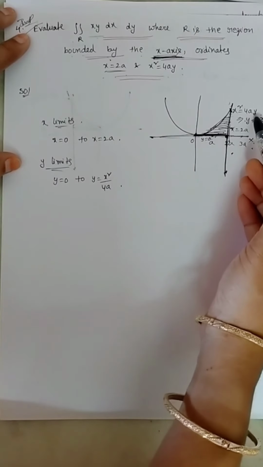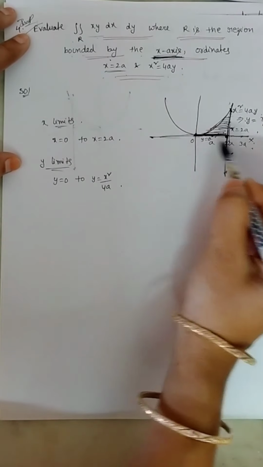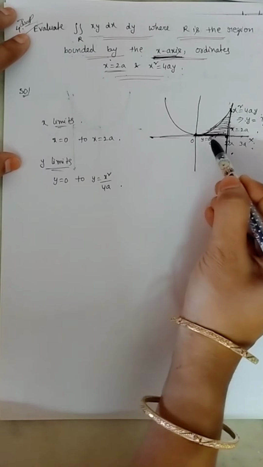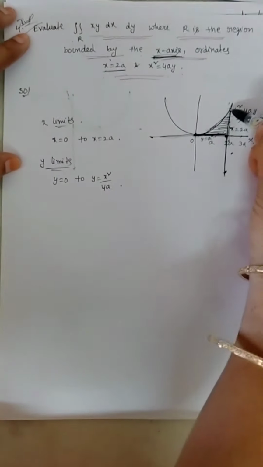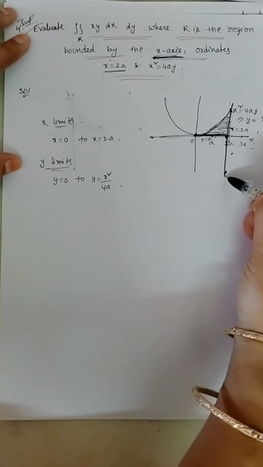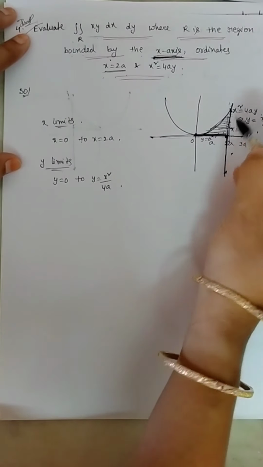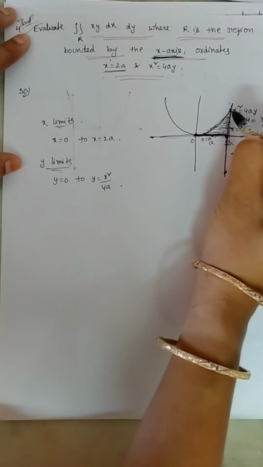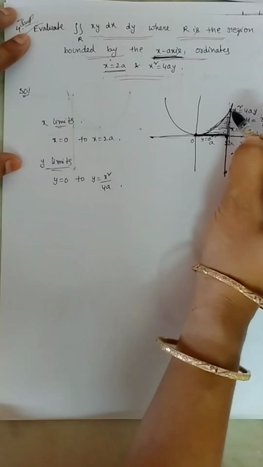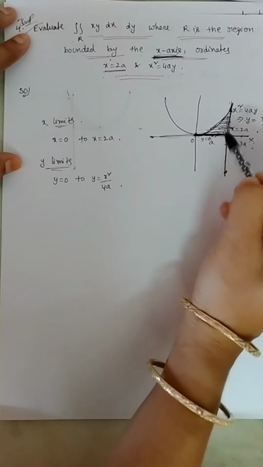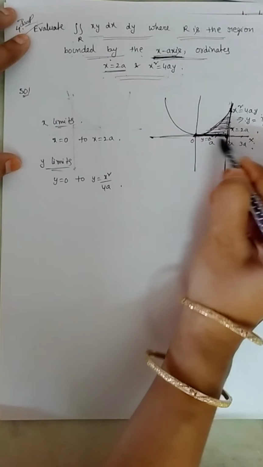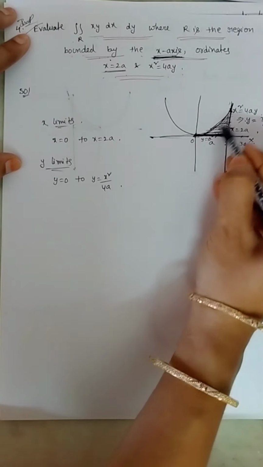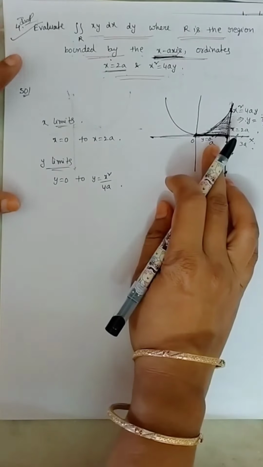On the x-axis, taking the units 0, a, 2a, 3a and so on, x equals 2a is a line, and it intersects the parabola at this point. So this is the region, bounded by the x-axis, and with respect to this region we have to find the integration.